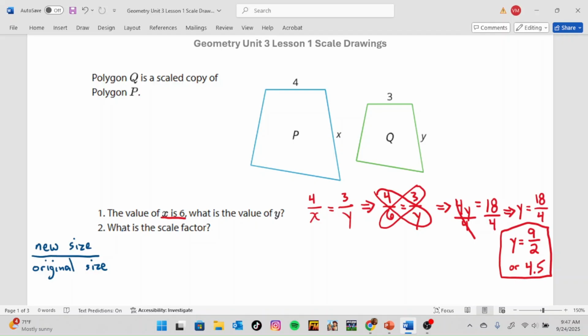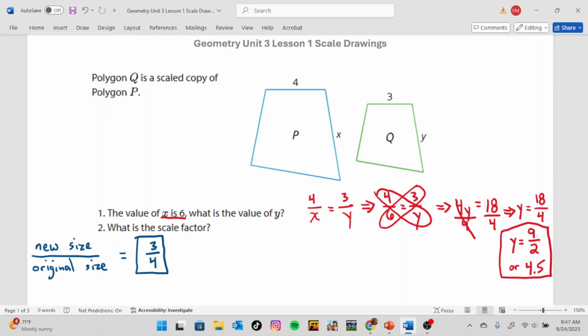And you can do this with either one. So the first example, the new size is 3, and the original size was 4. So our scale factor was 3/4. If we multiply 4 by 3/4, we get 3.